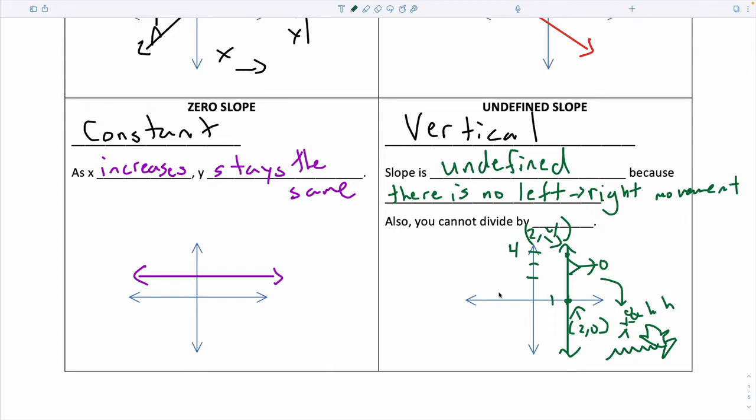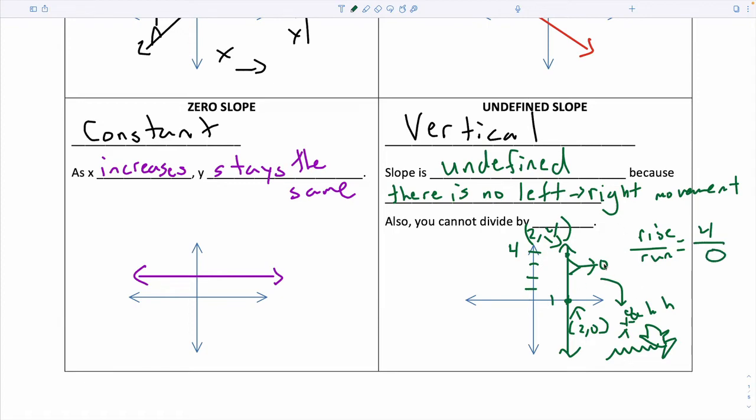It goes 0 times. So if I did the rise over the run, it would rise from here to here, which is 4. 1, 2, 3, 4. So the rise over the run would be 4. But what would the run be? It's 0, because I don't move left to right.